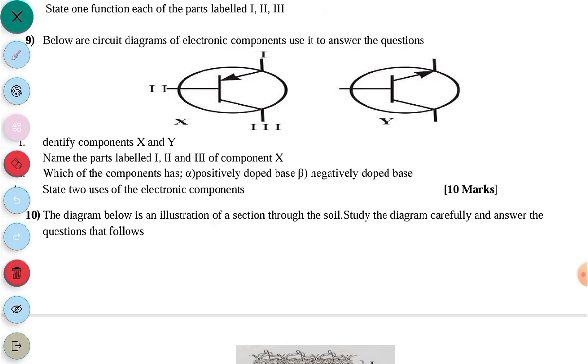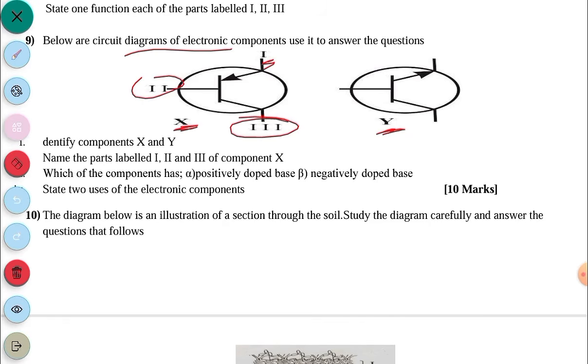So below are circuit diagrams of electronic components used to answer the questions. So X, we are asked to identify X. X is the NPN transistor and Y is the PNP transistor. We are asked to label the components of X. So I is the emitter, II is the base, III is the collector.